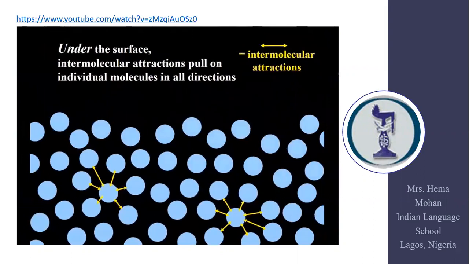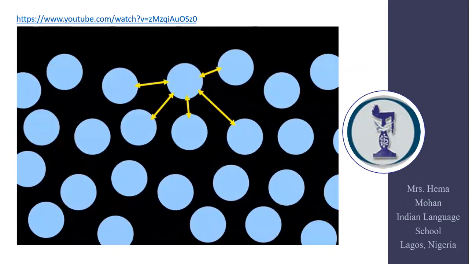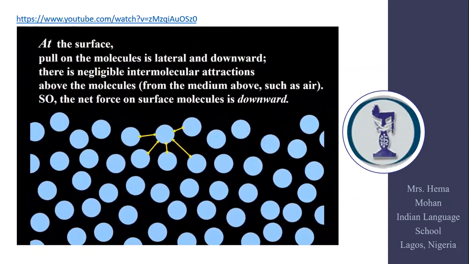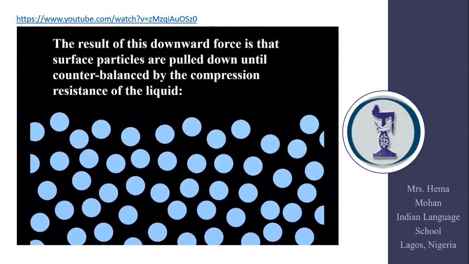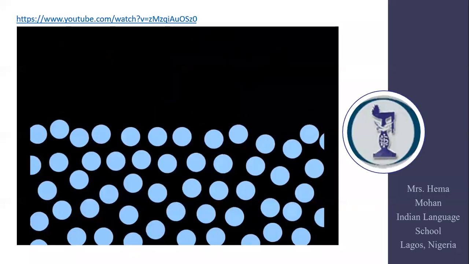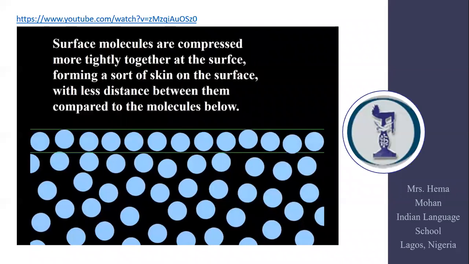But if you look at the molecules at the surface, they are attracted laterally and only in the downward direction, because they experience a very negligible force from the upper surface. This downward pull on the free surface of the liquid continues till the remaining water molecules resist this attraction.